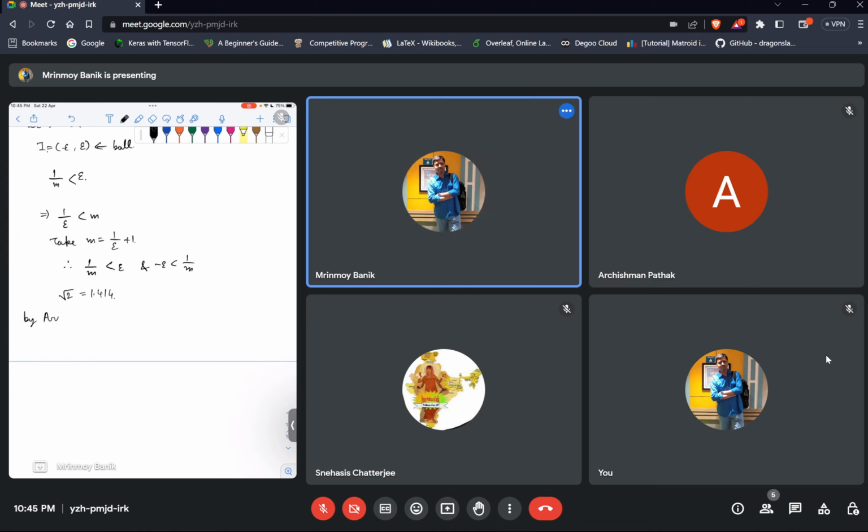By Archimedes' principle, there exists an integer n in the naturals such that n times root 2 is greater than any real number, or similarly less than any real number.